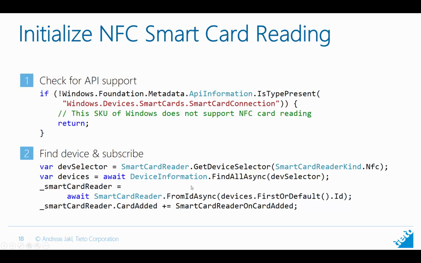And then from the ID that you get back, in this case, we just use the first one. Could be more, but usually, as I said, it's just one. You just establish a connection to it and register for a callback whenever the smart card reader finds a card. You want to get a callback to this smart card reader's card added method.